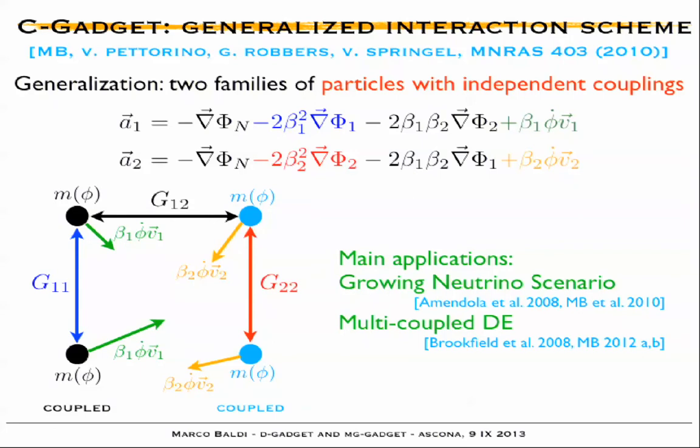And this means that there will be three different gravitational constants, one for same interaction of one type, one for same interaction of the other type, and one for mixed interactions. And on top of this, the friction terms also will be driven by different couplings. So this becomes a more complex type of simulation in which you can even treat different particle types with different couplings, like for the Groningen neutrino scenario that I'm sorry I didn't have time to introduce, or multi-coupled dark energy scenario, which is a case where you have two dark matter families coupled with different couplings.